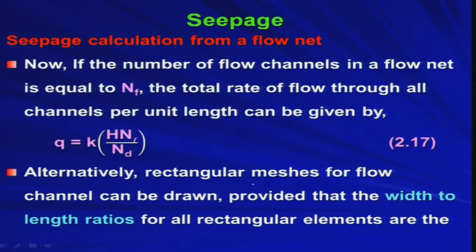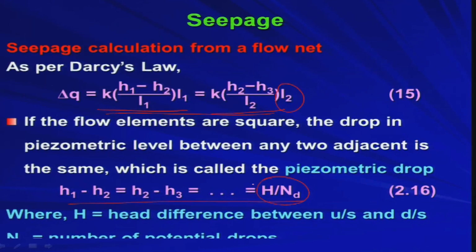If the number of flow channels in a flow net is NF, as seen in the flow net construction, the total rate of flow through all channels per unit length, the discharge through the permeable medium, is Q equals K into H by ND into NF, where H by ND is the potential drop h1 minus h2 seen in the last slide.